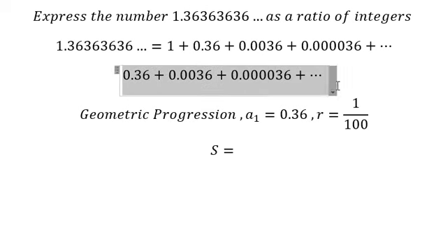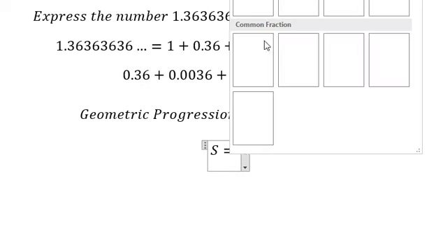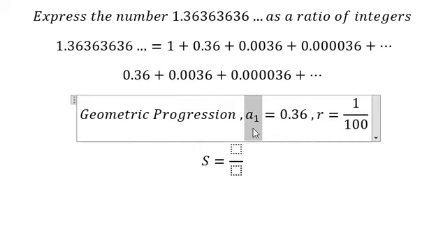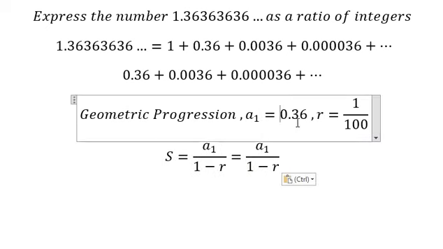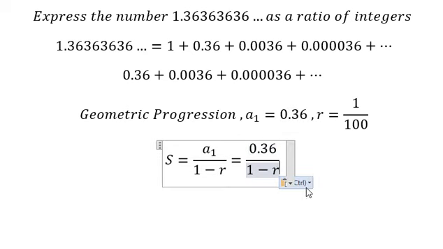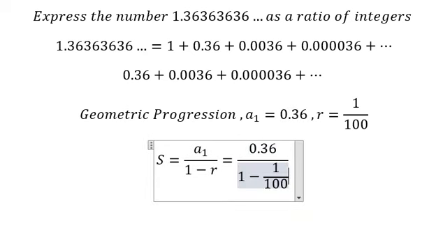this series in here, and that should be about a number 1 over 1 minus r. And we know that a number 1 that is about this one, and r that is about 1 over 100.